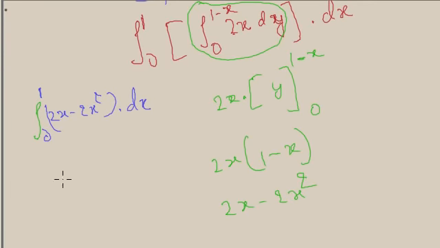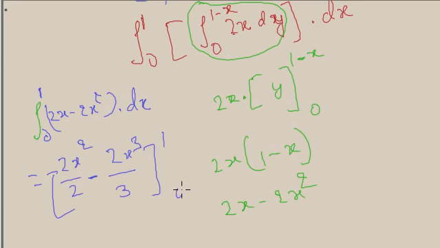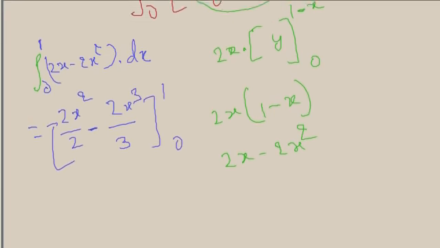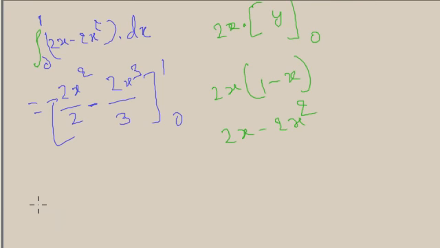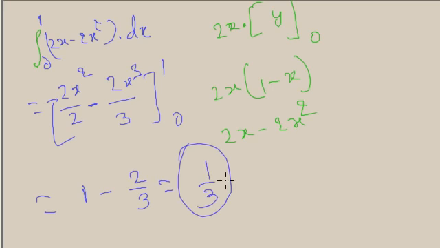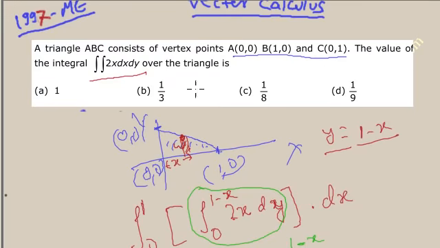If you solve this, twice x square by 2 minus twice x cube by 3, from 0 to 1. So if you put 1 here for x, you will get 1 minus 2 by 3, that is equal to 1 by 3. So the answer is 1 by 3.